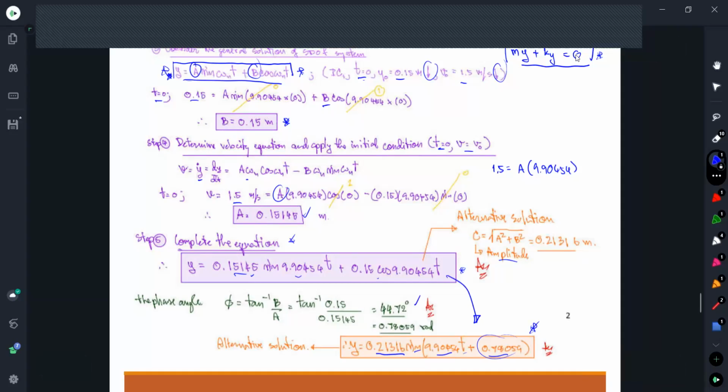It is actually a harmonic function composed of a sine term and a cosine term. You may plot a graph for this equation also, and then you will see what happens to the position at any time.